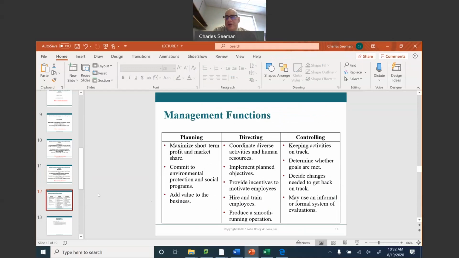So for instance, if I'm sure that I can produce a unit for $5, that's what I'm going to budget into it, and that maximizes short-term profit. And maximization of short-term profit maximizes market share. So that has to work.